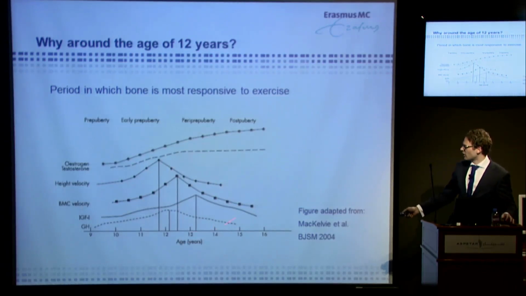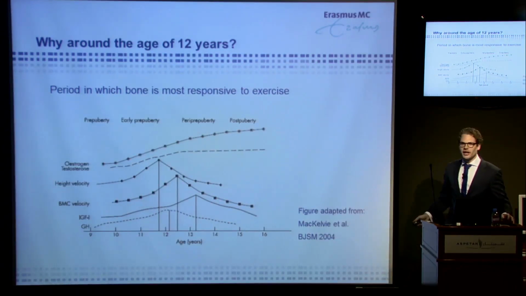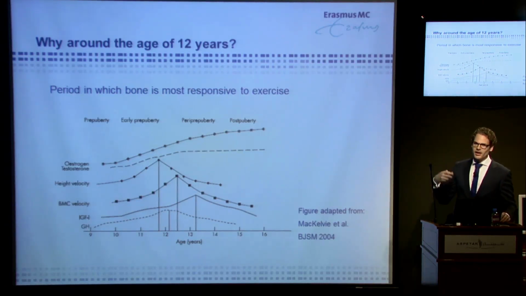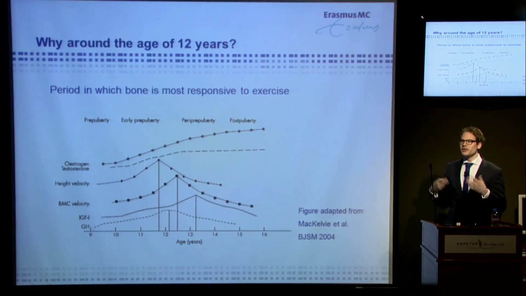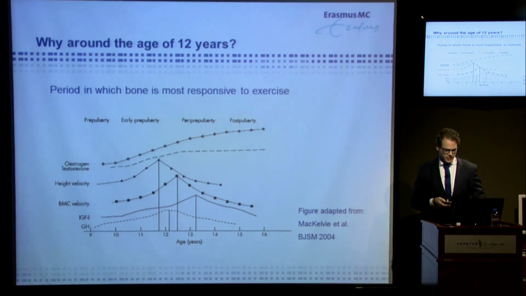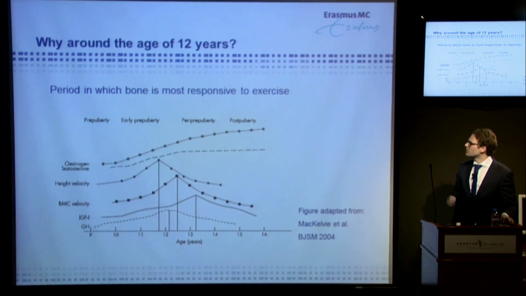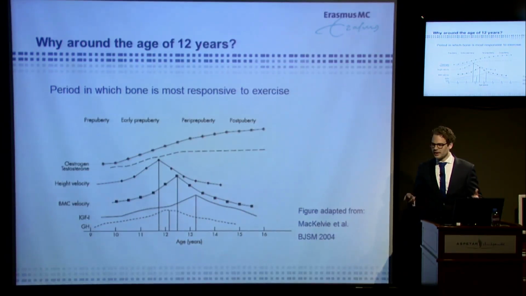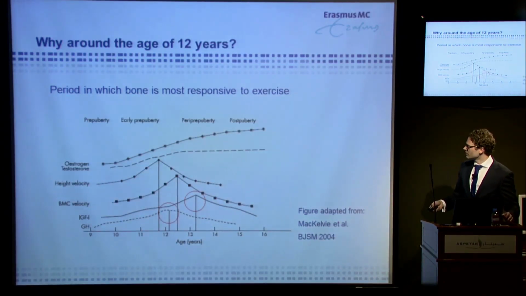During this time period, there's an increased level of growth hormone and IGF-1, and in this period, the bone might be most responsive to exercise, basically. So that might partly suggest why a cam deformity and other bone adaptations occur at this age. So there's the peak.